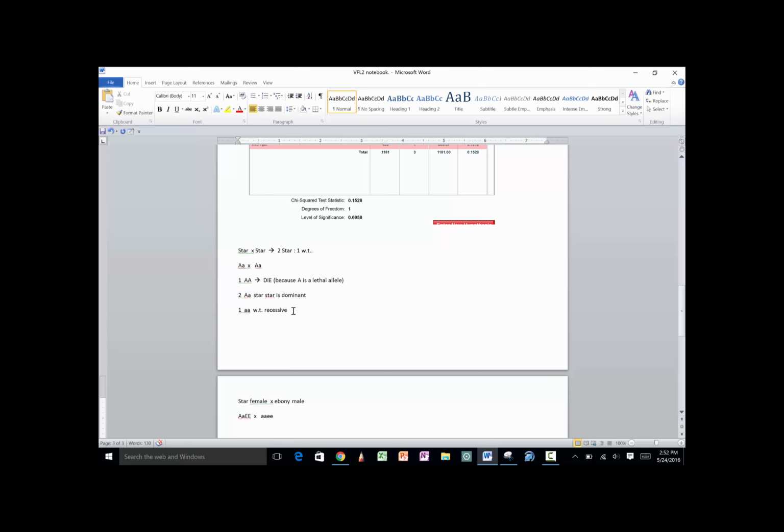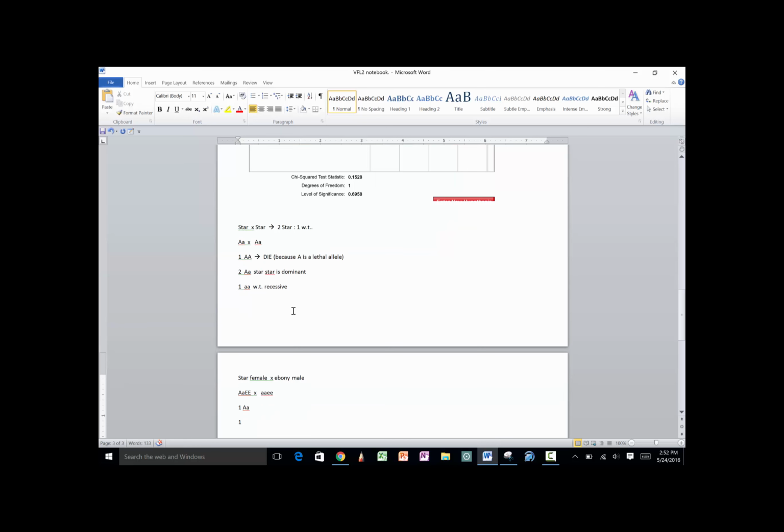So we got a star female and an ebony male. So what do we expect? Well, let's do star first. For star, we expect 1 this and 1 this. So for just star, we expect a 1-to-1 ratio of this.